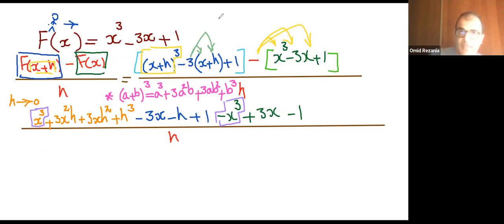You have, for example, minus 3x here, and you have positive 3x. These two terms are also similar. We can get rid of them. And at last, we have one more term, which is minus 1 with the plus 1 over here.